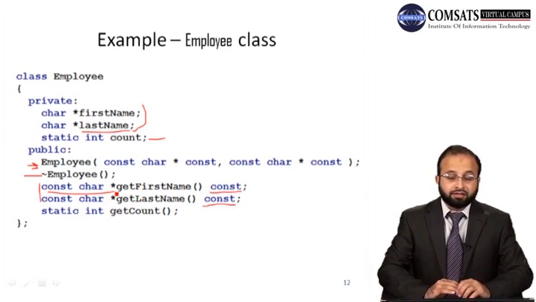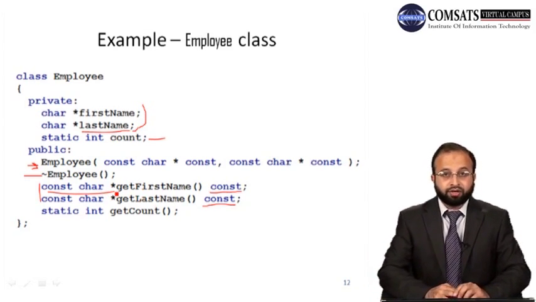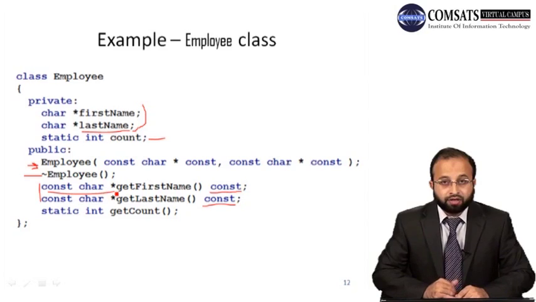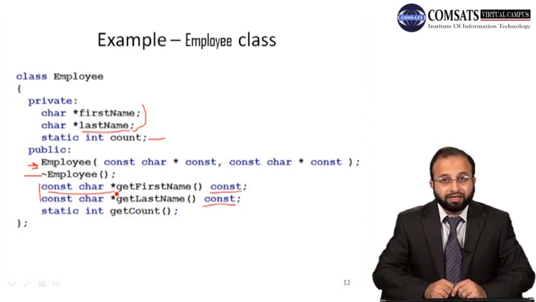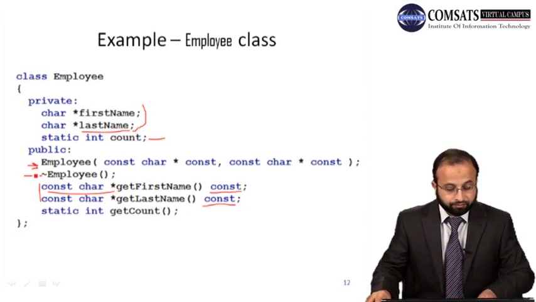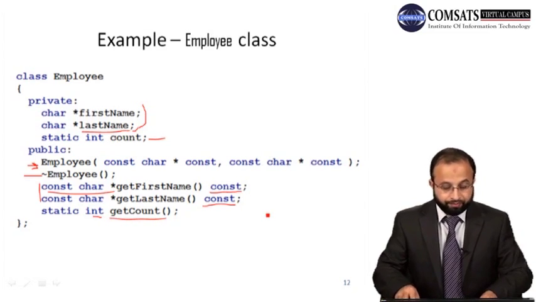This means that it is a pointer pointing to a constant character. So you cannot change those characters with the help of that pointer, right? Then we have a static function whose return type is int and the name of the function is get count, right?